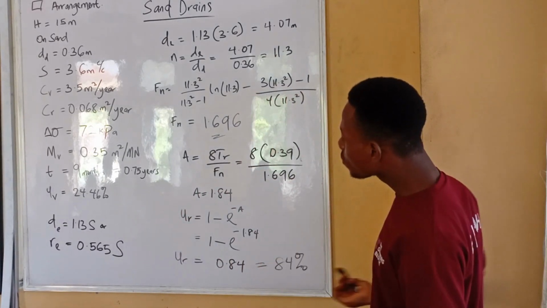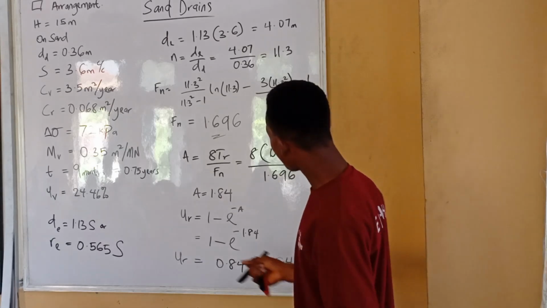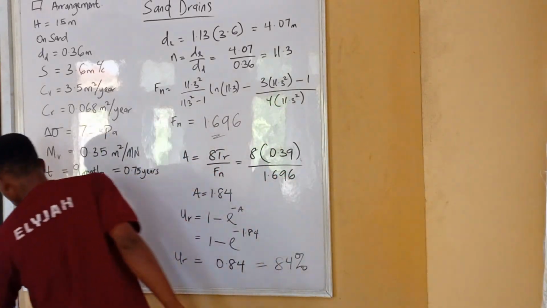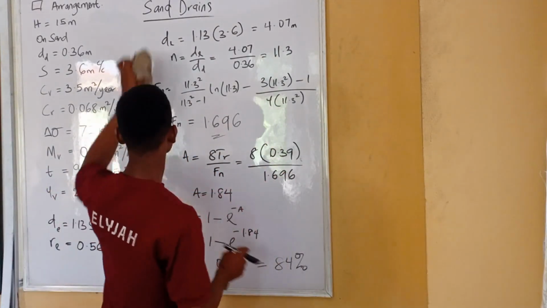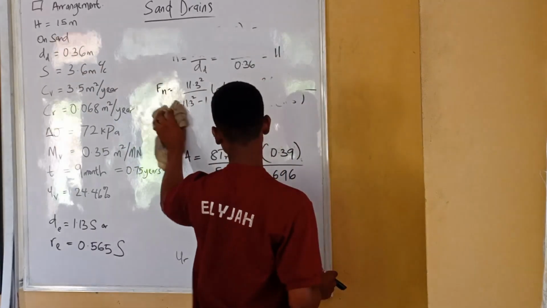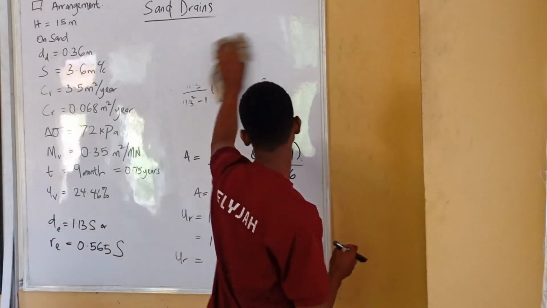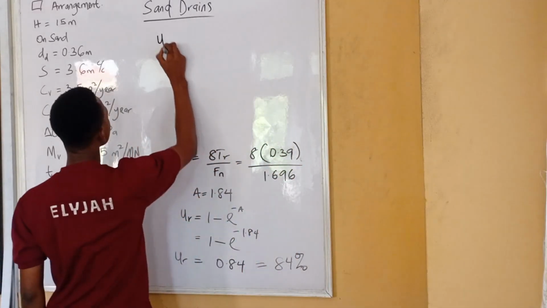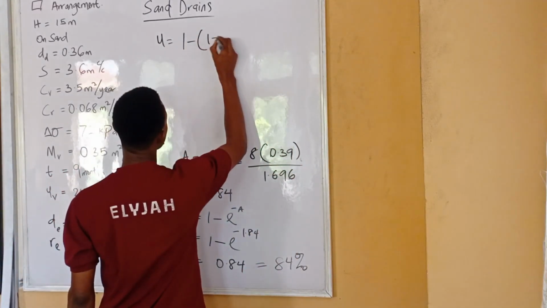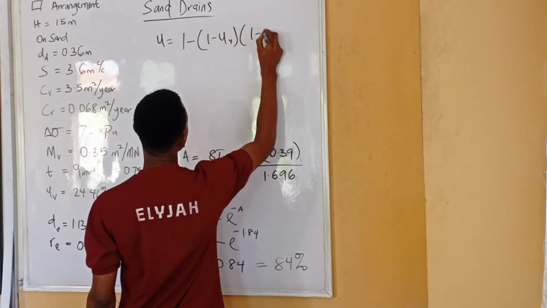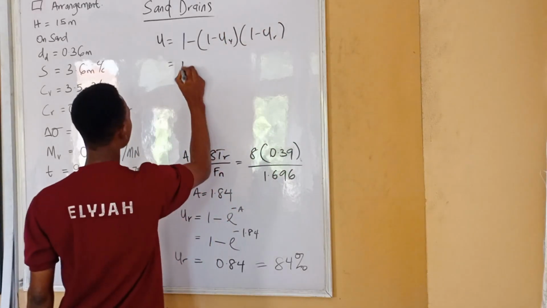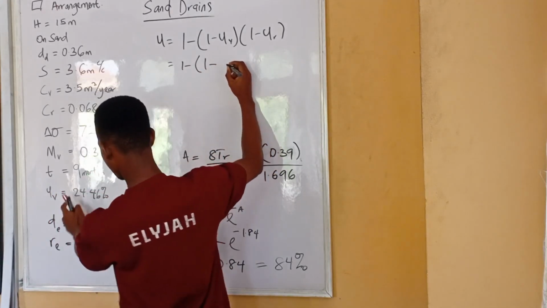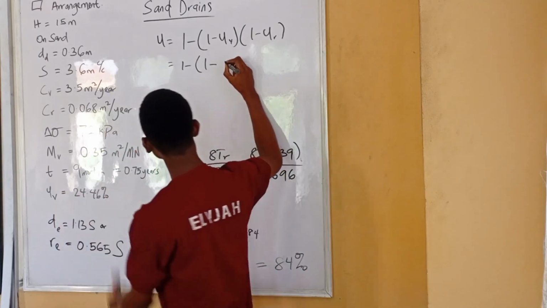So to solve our problem, we already have our UR and we already have our U. So we don't have to put it inside. So our U equals 1 minus UP, 1 minus UR. Which is equal to 1 minus, what is UP? 24%. That's 0.24. So we are not using percentage.